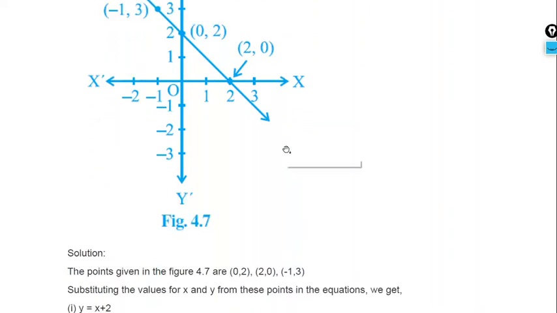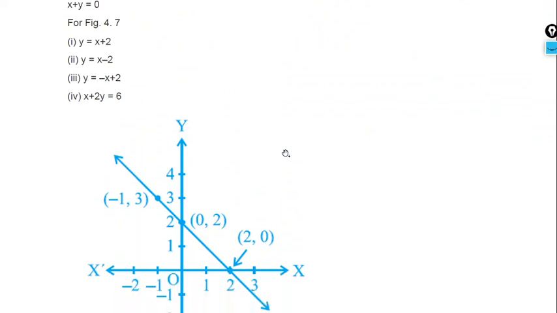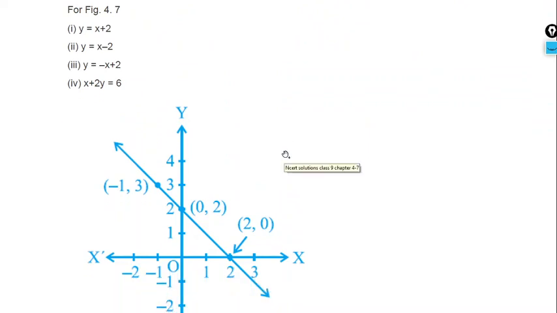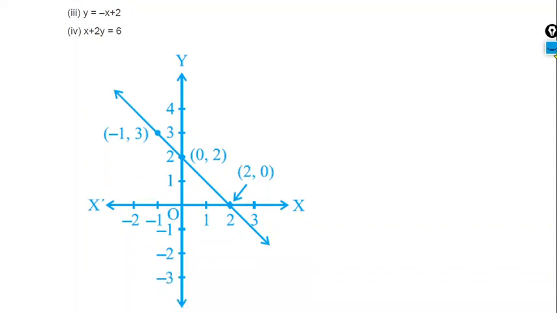Similarly, there is another question, II. The same type of figure is there. You please try. If you want, I can try. I would like to solve one for you, IV for this figure. Here the equation is x plus 2y equal to 6.